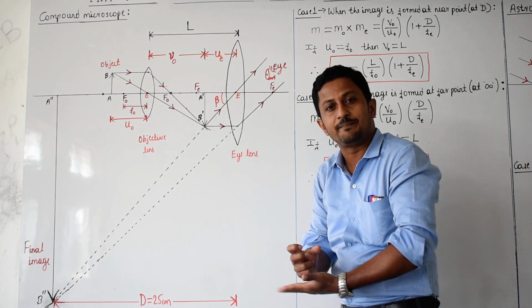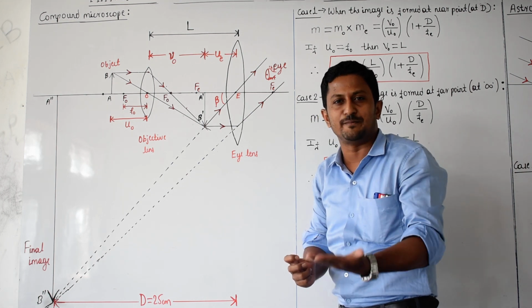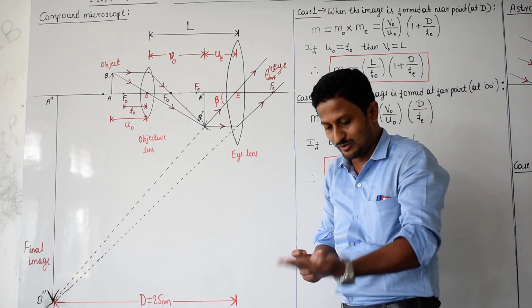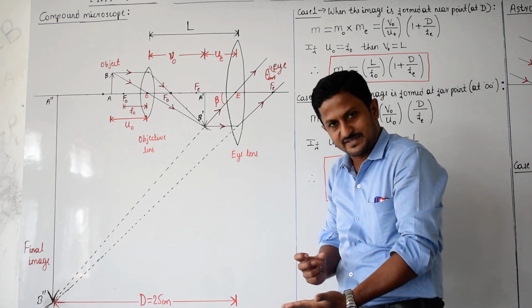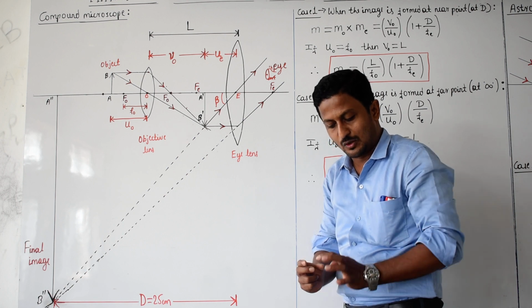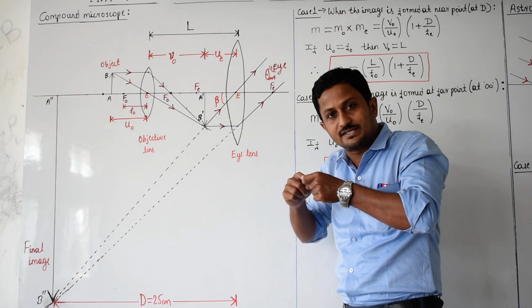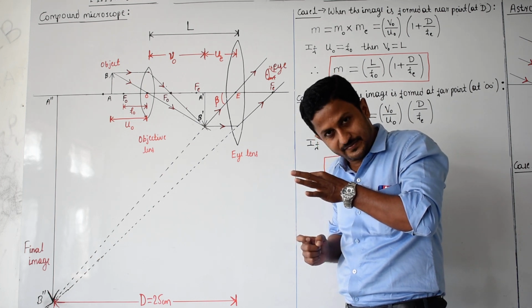Below that you will place some specimen, which you take as the object. There is a lens called the objective lens, and one more lens called the eye lens. Through this eye lens you will be watching like this.